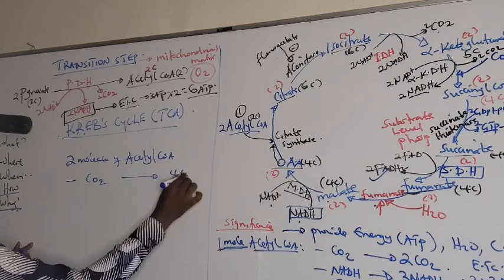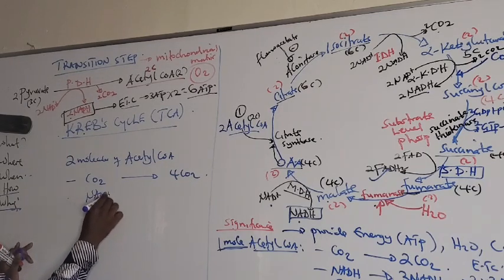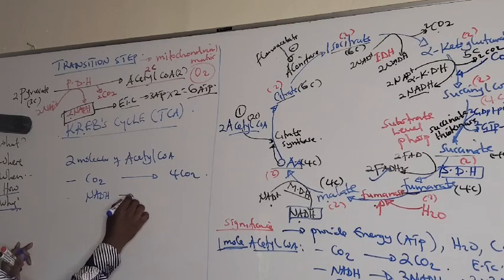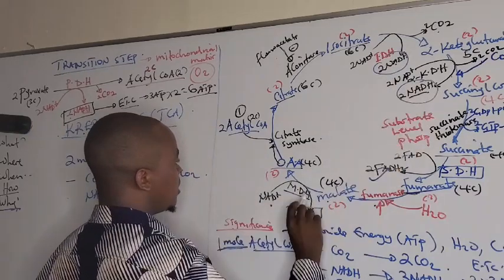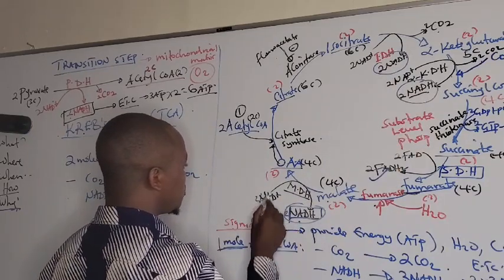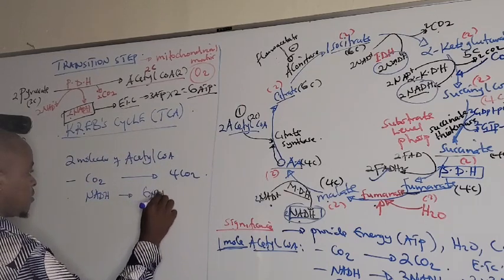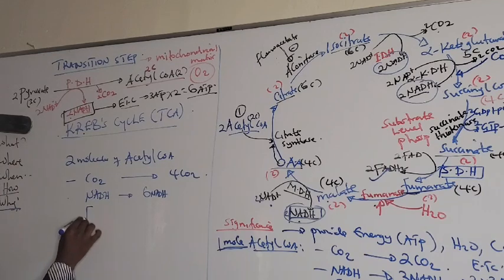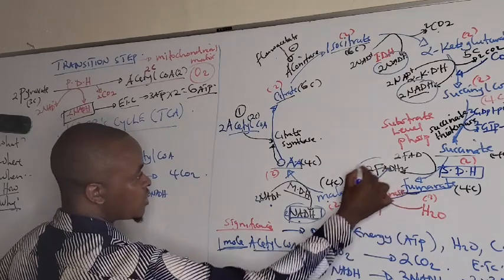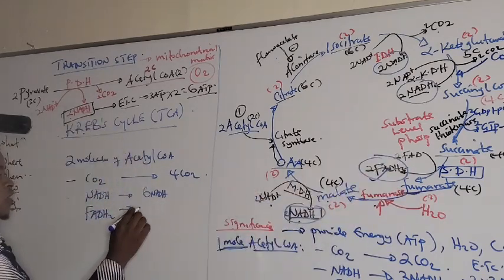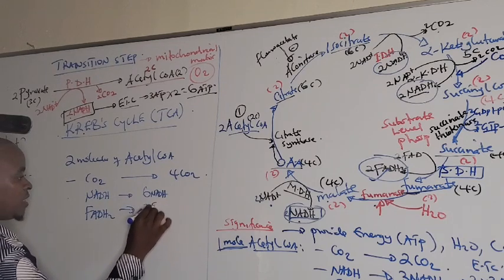They are going to be 4 carbon dioxide. Then for NADH, we have 2 plus 2, that is 4. Then 4 plus 2, here they are also 2, we form 6 NADH. Then for FADH2, we are seeing 2 of them being produced at this reaction. So 2 molecules of acetyl-CoA, or 2 cycles of Krebs cycle, produce 2 FADH2.